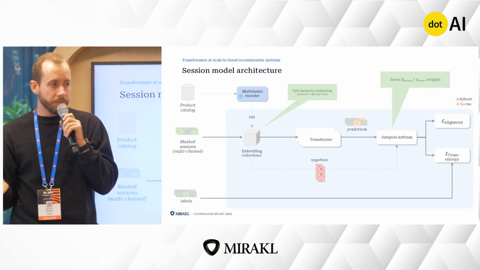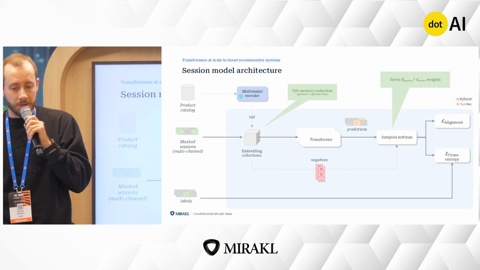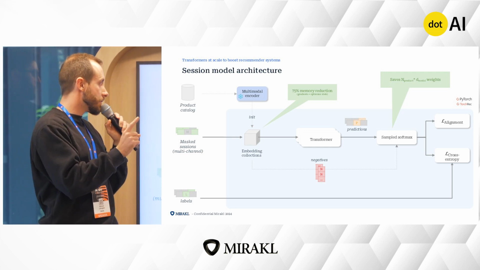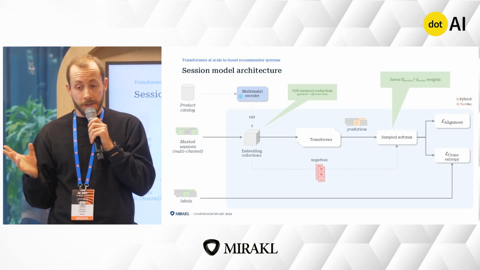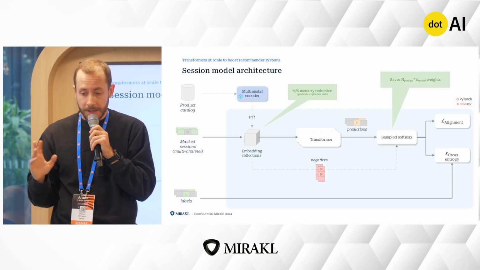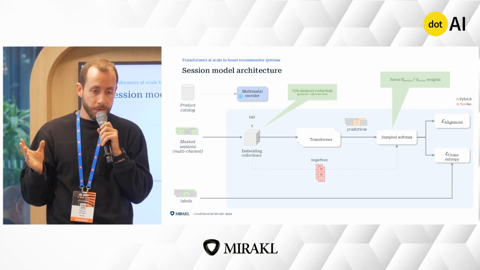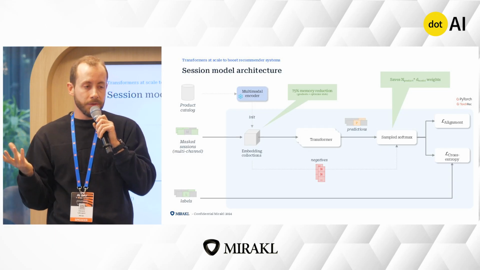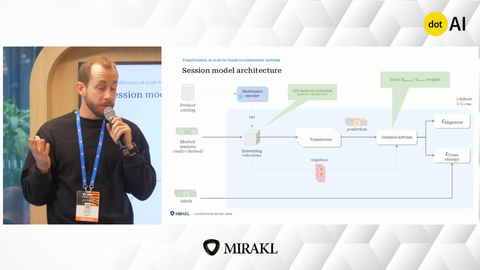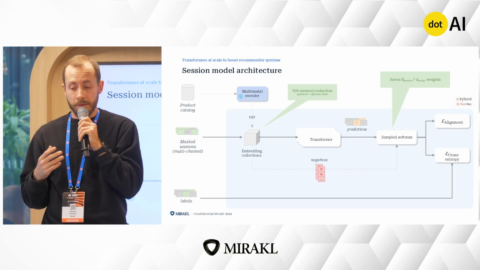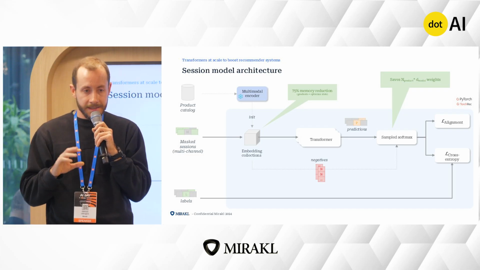So we use a bunch of scalability hacks, but two of them mostly I want to mention. First, the use of a specialized open source library, which is maintained by Facebook actually, that allows us to reduce the memory footprint, mostly of the embedding tables, by up to 75%, which is very big on large catalogs.